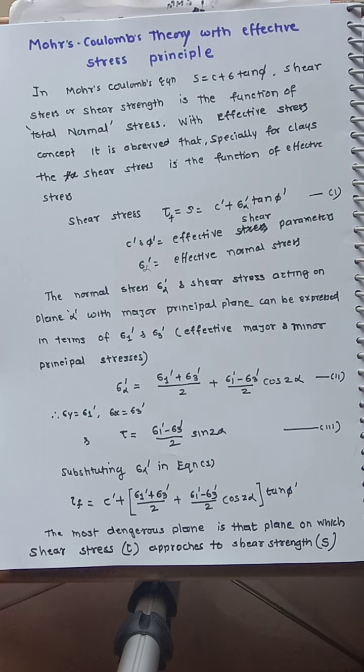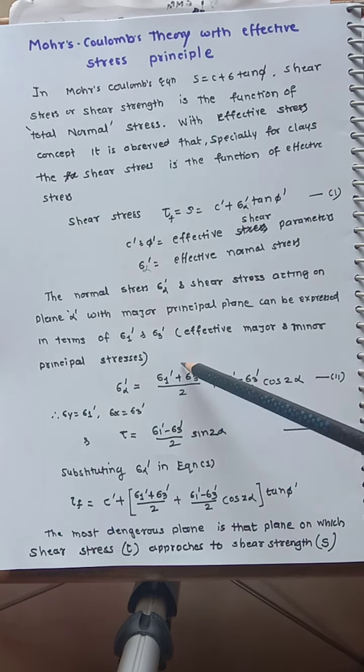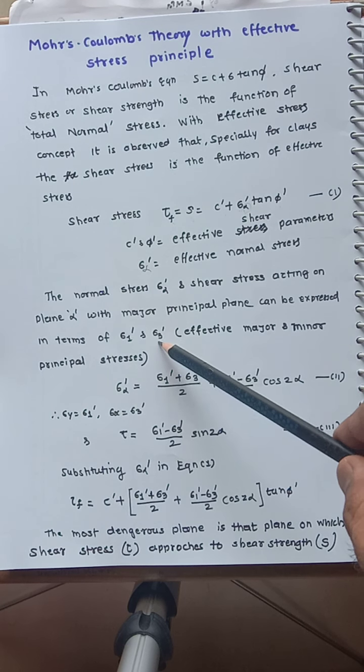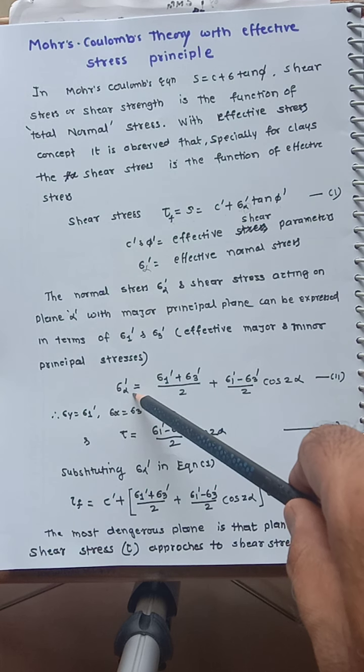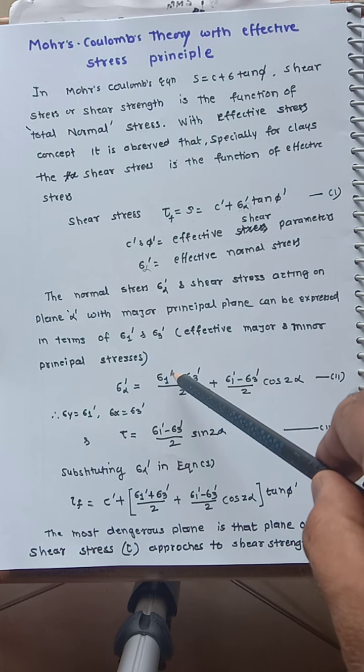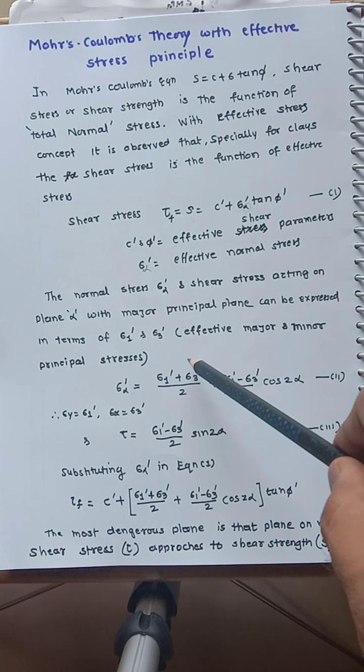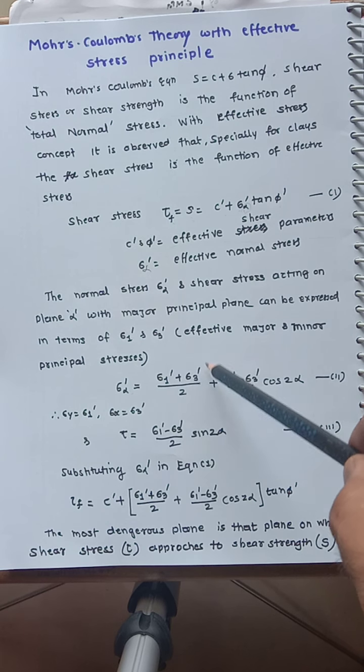The normal stress sigma alpha and shear stress on the plane alpha, with the major principal plane, can be expressed in terms of sigma 1 dash and sigma 3 dash, as we know from the Mohr circle concept. This sigma alpha is given by, suppose, sigma 1 plus sigma 3 by 2.